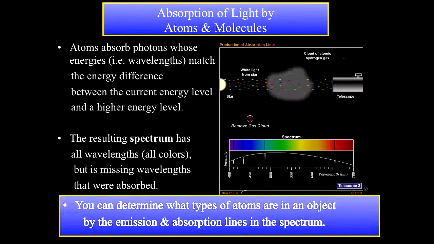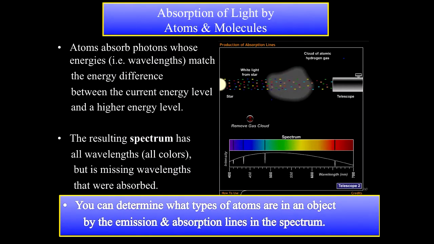Okay, what this all means is that if you take a spectrum of any other object, whether it's an astronomical object or maybe something here on the planet Earth, you can determine what types of atoms that object is made of by the emission or the absorption spectral lines that you detect. Because certain atoms have certain energy levels, and no two atoms have the same energy levels, a little like snowflakes.